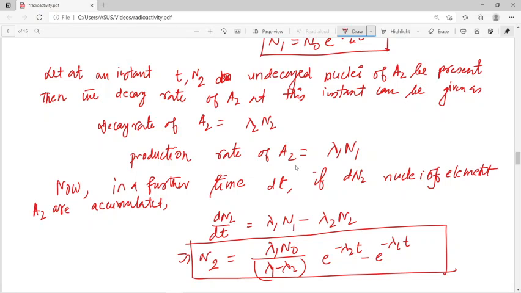Let's solve one problem, then it is understandable.